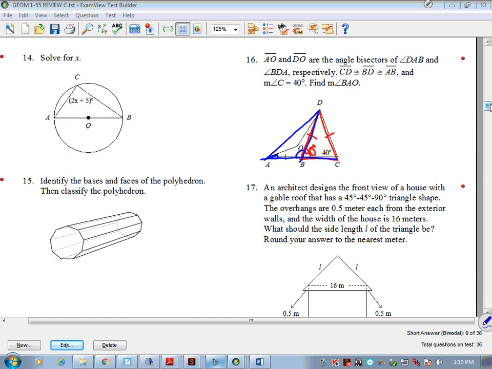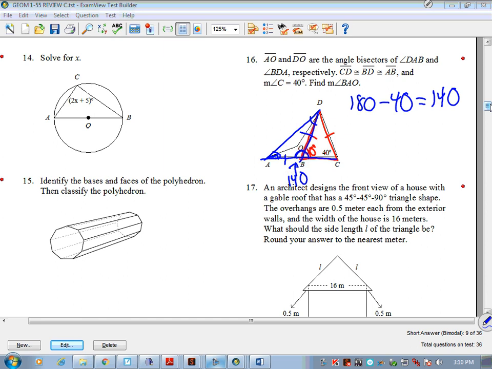The first thing I'm going to do is find the vertex angle of triangle ABD. Because these angles are supplementary pairs, I can take 180 minus 40, and that gets me 140 degrees. So I know that this is 140. Because they're showing me congruent sides there, I know that triangle ABD is also isosceles, so its base angles, the angles opposite my congruent sides, are also congruent to each other.